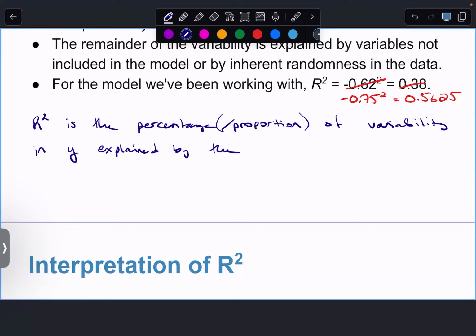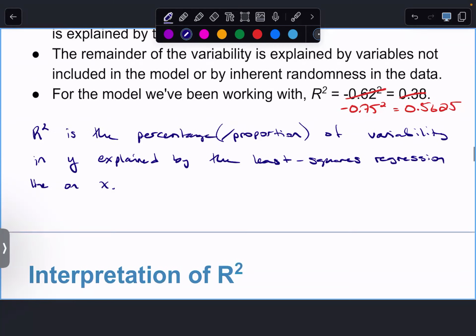Explained by the least squares regression line. Okay. This is a long definition and it's kind of confusing.